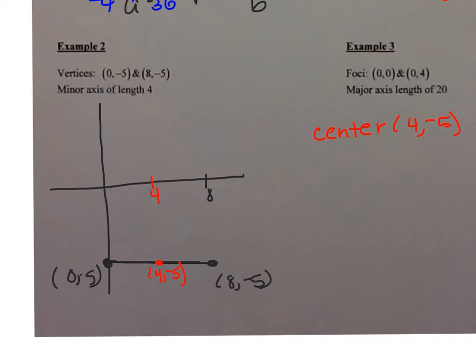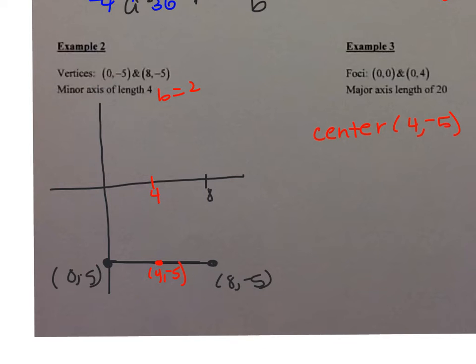All right, so now it says my minor axis has a length of 4. Well, this here has a length of 8. So that's not my minor axis. So this actually has to be my major axis. If my minor axis has a length of 4, that means my b is equal to 2.